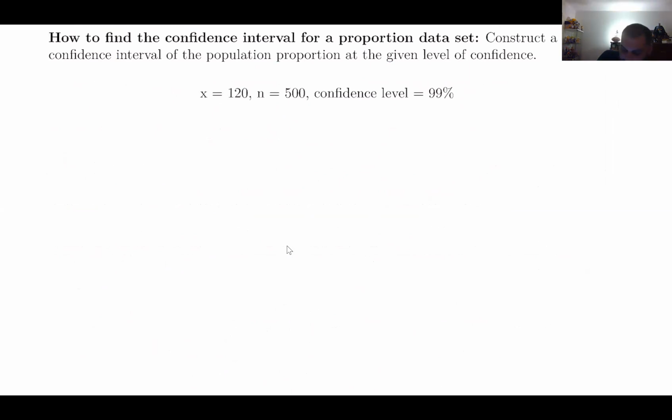The first thing we're going to do is find z alpha divided by 2. Before we find that, we first have to find alpha. The formula is: alpha is equal to 1 minus confidence level.